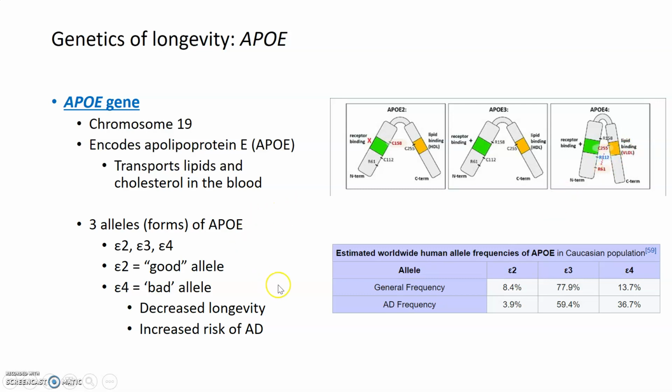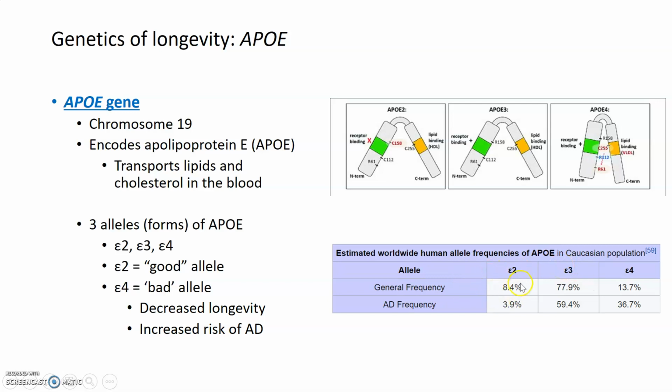What's interesting is that there's an association of the E4 allele of ApoE, or the bad allele, with a decrease in longevity, as well as an increased risk of Alzheimer's disease. And within the population, the most common allele is actually the E3 allele, which is the neutral one, right?